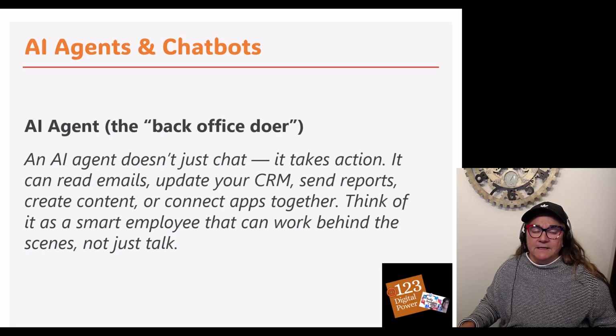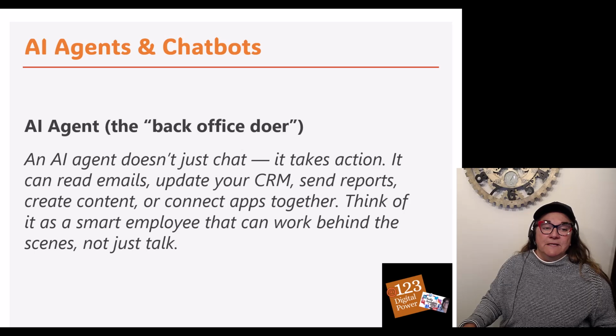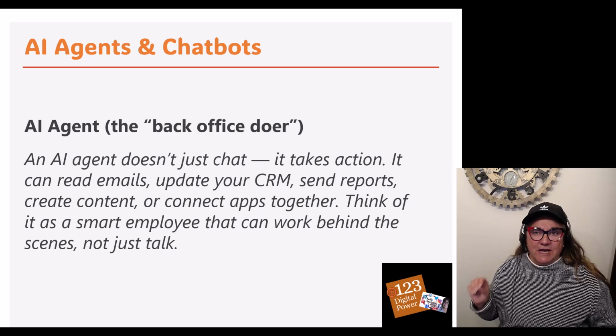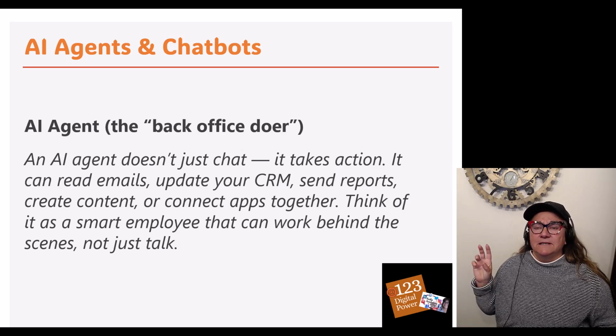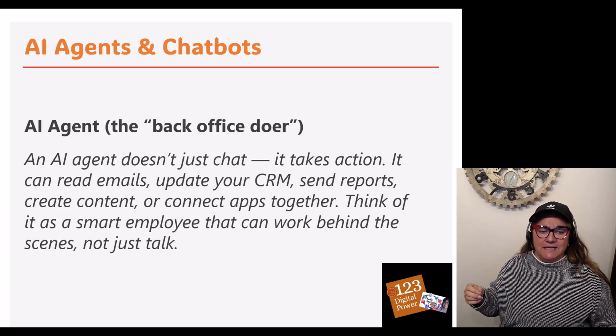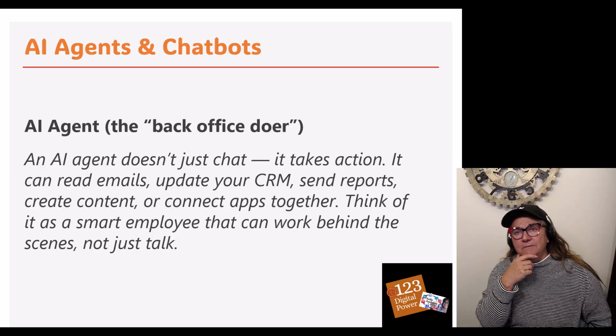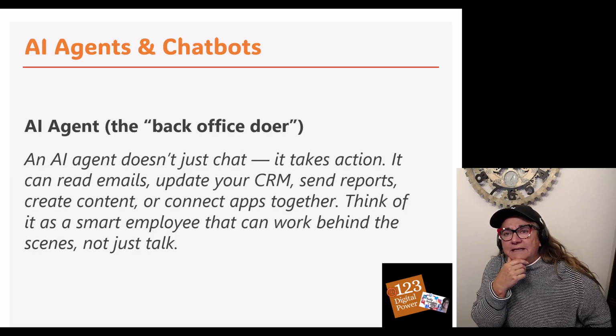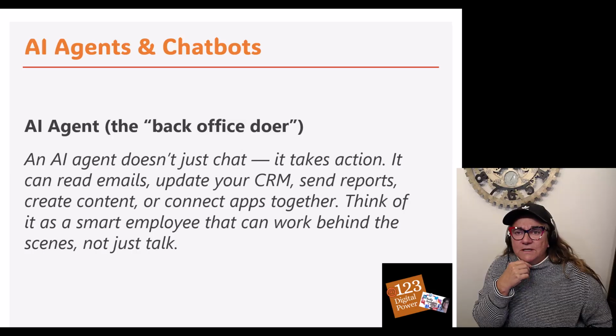and how your clients are thinking. So the agent, like we said, it's more like a back office doer, the AI doer. An agent doesn't just chat, doesn't just, as an understatement, get information and collect information. It actually takes action. It can read emails, but it can do more than that. It can actually think. So it can read an email from a client. It can read all your emails.